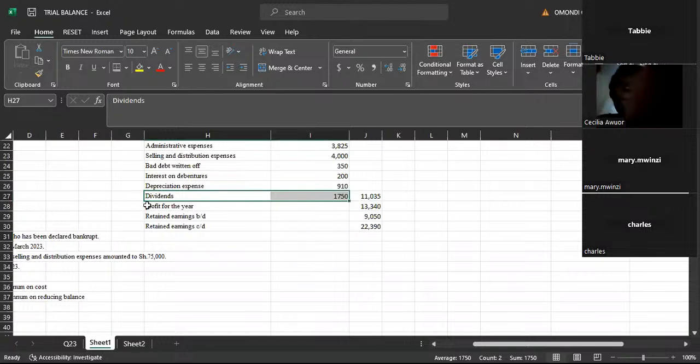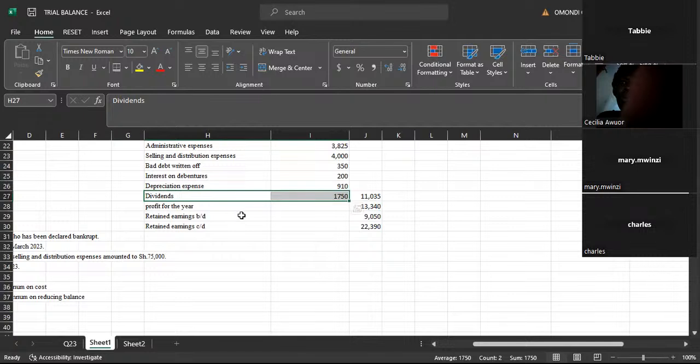But because we've placed our dividends there, before we get to the retained earnings carried down, we can reduce it by taking now the transfer to general reserves. We can put the transfer to general reserves here.